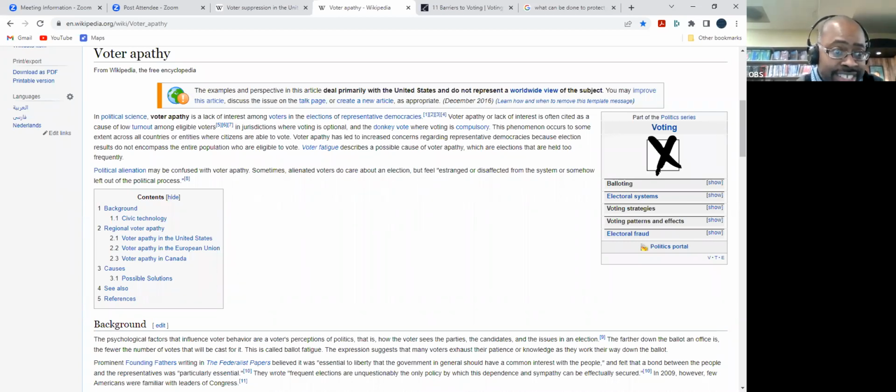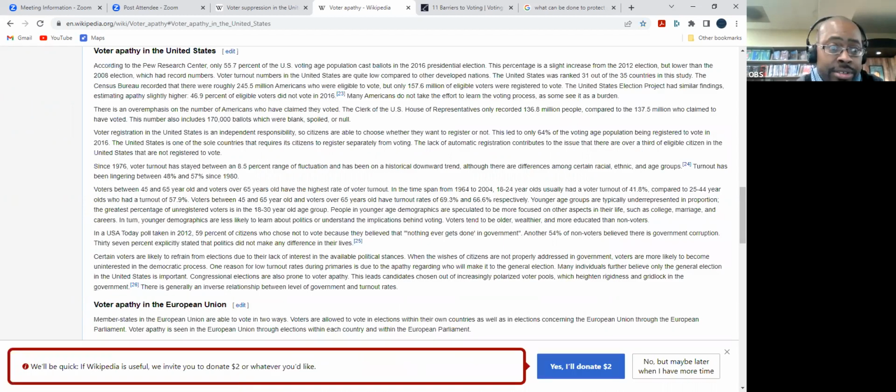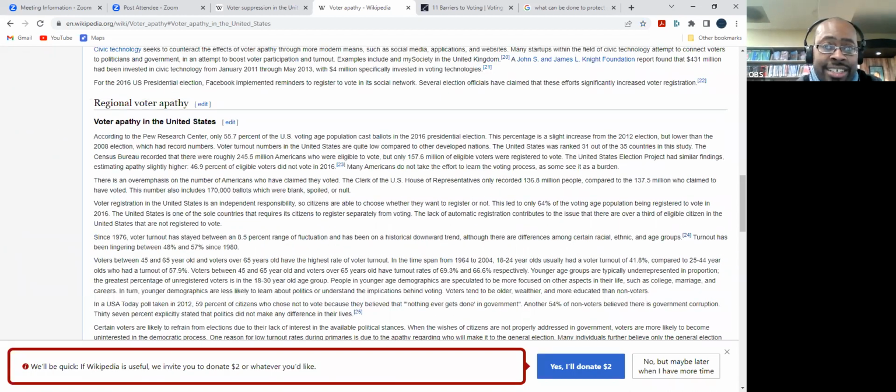So for the purpose of this conversation, we're going to be talking about voter apathy in the United States. According to the Pew Research Center, only 55.7% of the U.S. voting age population cast ballots in the 2016 presidential election.